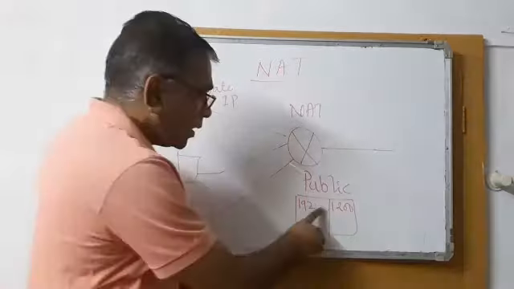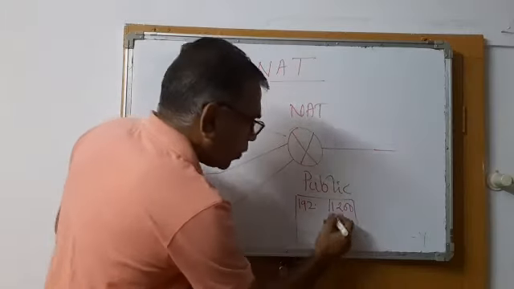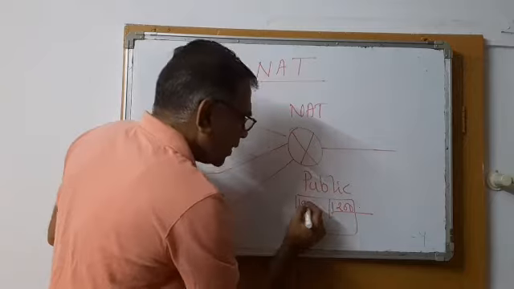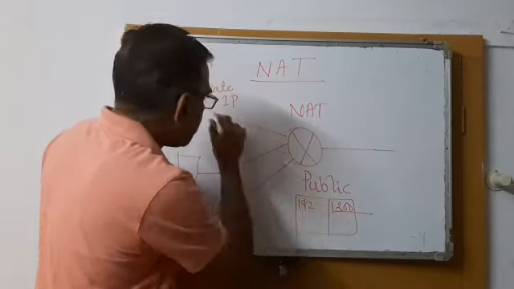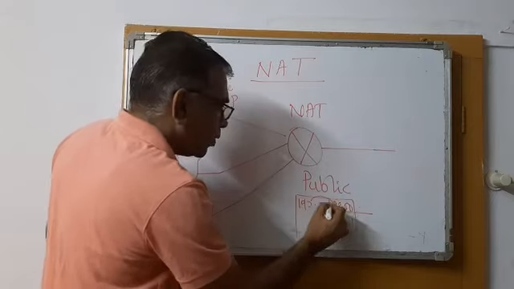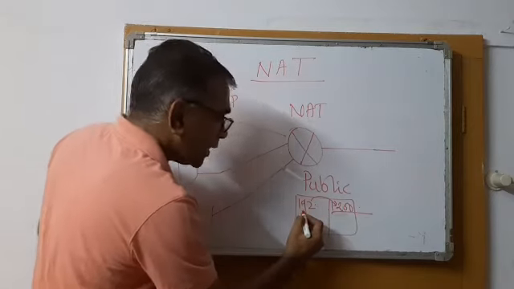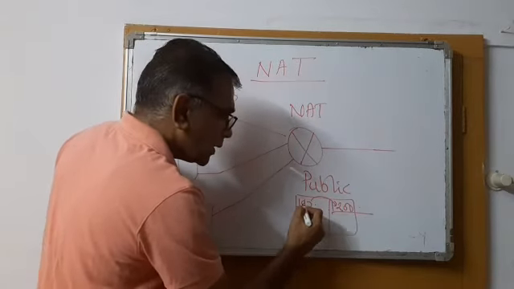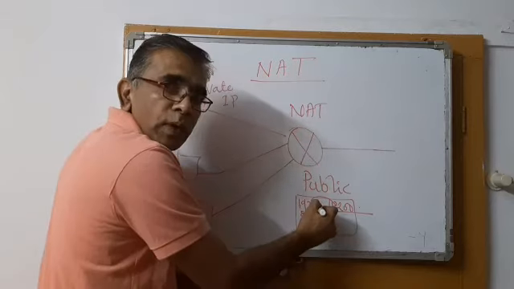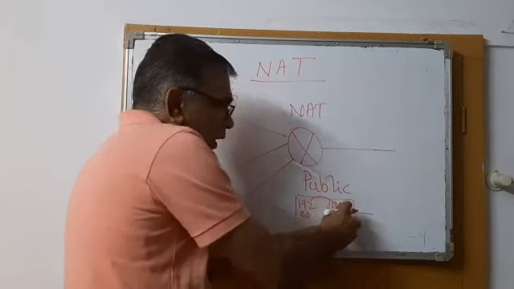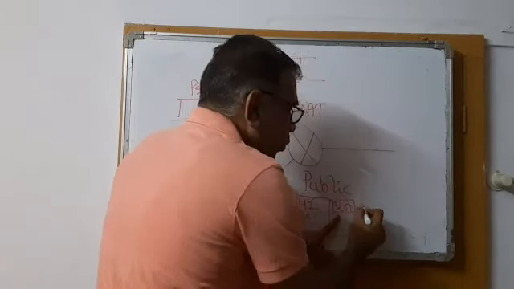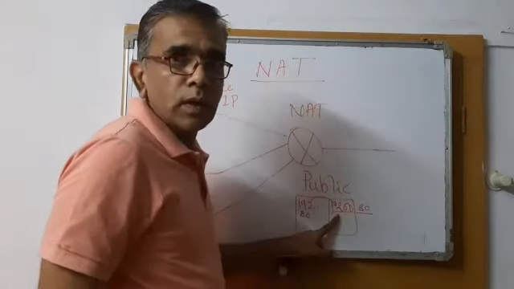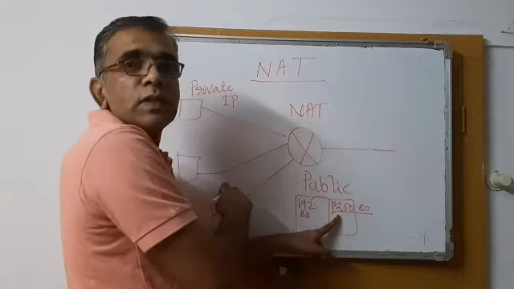Now in front of that combination, you are also writing its private IP. So this is a kind of mapping. Whenever a packet comes from it, it is mapped with this: what is the actual port number it is using, and what is the private IP of it. In front of that you have a public IP and some dummy port number which is not used by any of these machines.